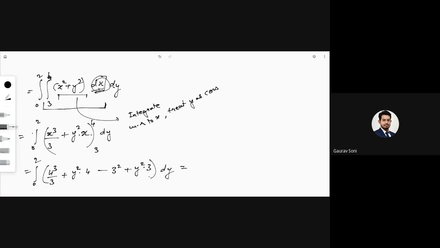So now what we have to do is integrate with respect to y. So that will be 4 cube, 64 by 3, times y, 4y square plus 3y square, that will be 7 y square. Integration is y cube by 3 minus 9y, limits from 0 to 2.